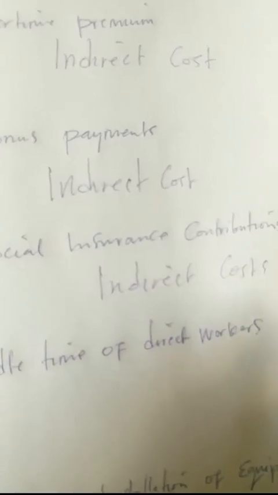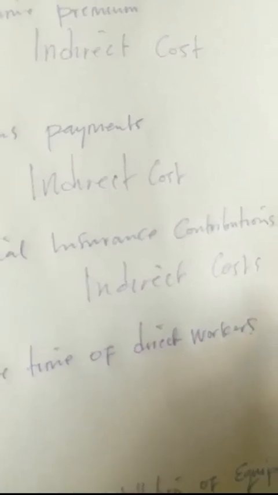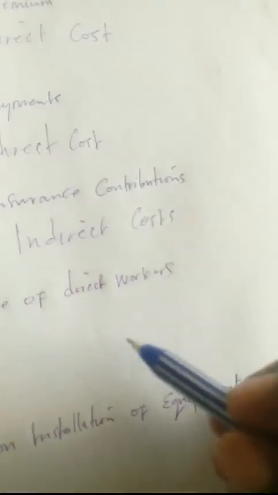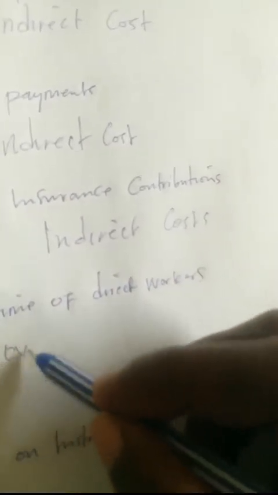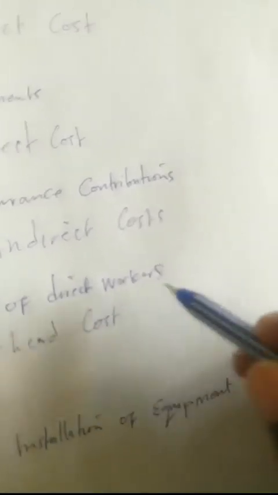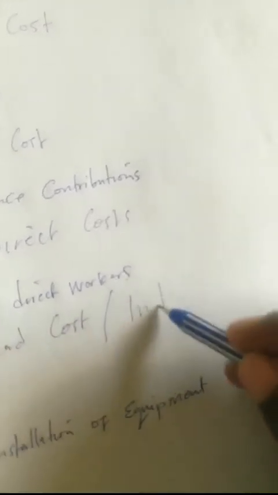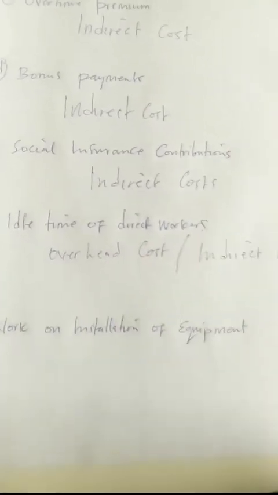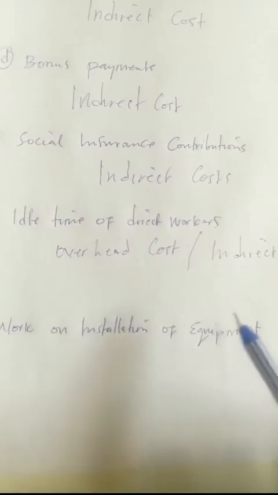Then we have my number F, idle time. This one is an overhead cost, which is also an indirect cost.